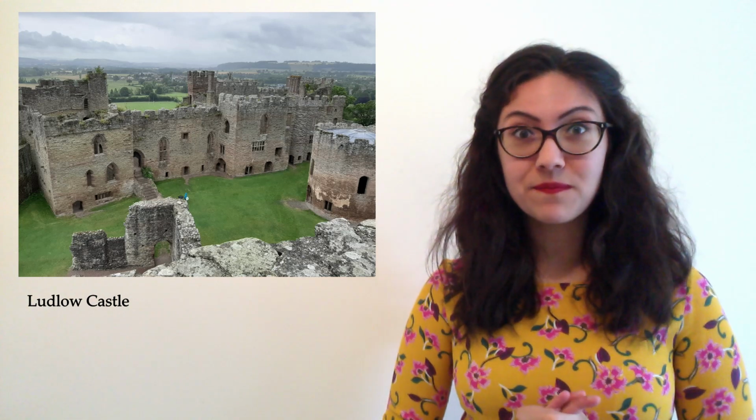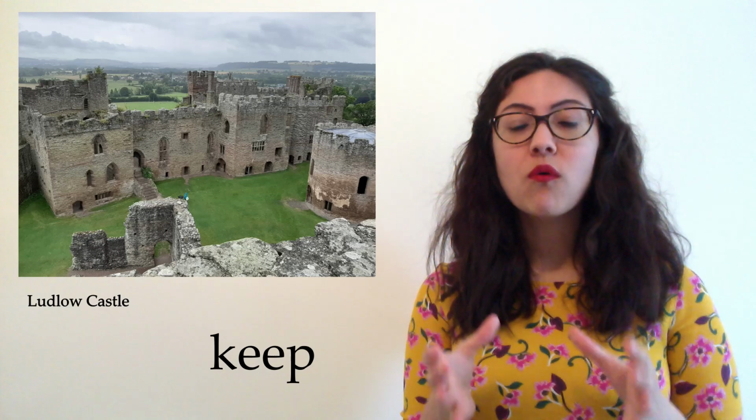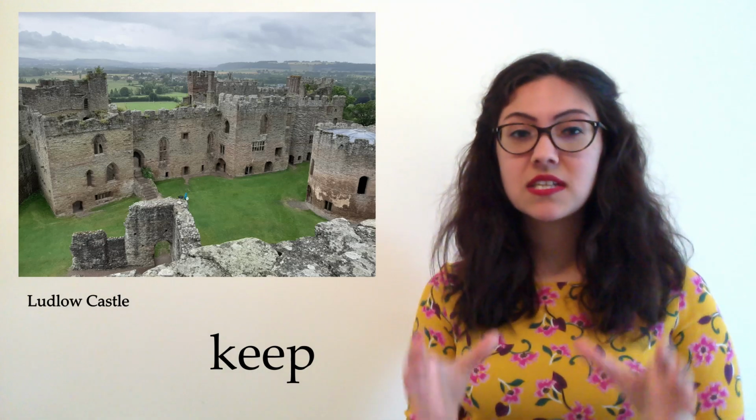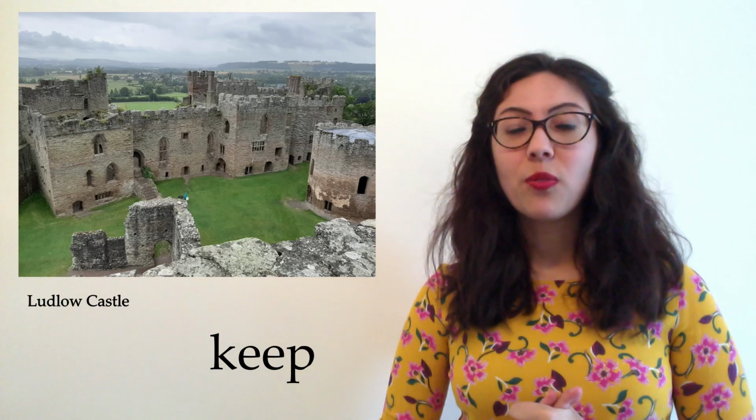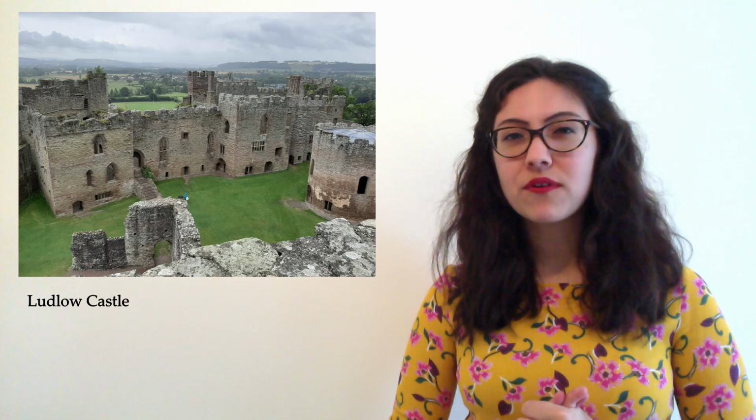Not all castles looked exactly the same. Some, particularly very early castles, were very simply a mound with a wooden keep, a protective, sheltered structure, on the top, and a ditch running around the outside. Now, as time went on, castles became more elaborate.